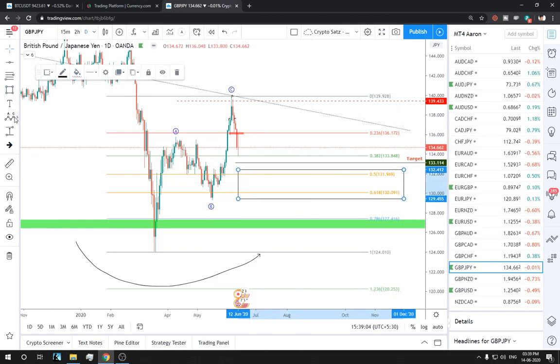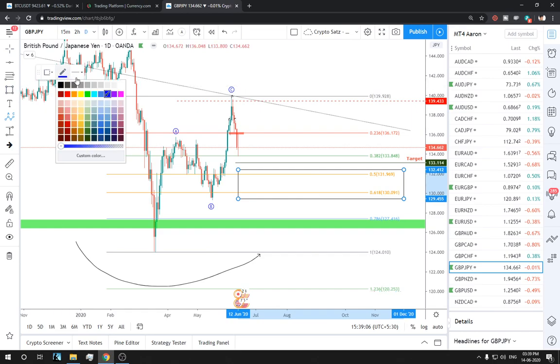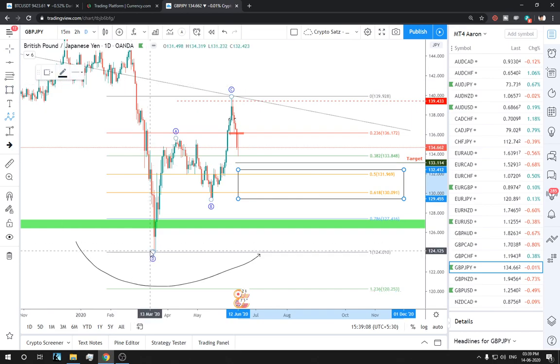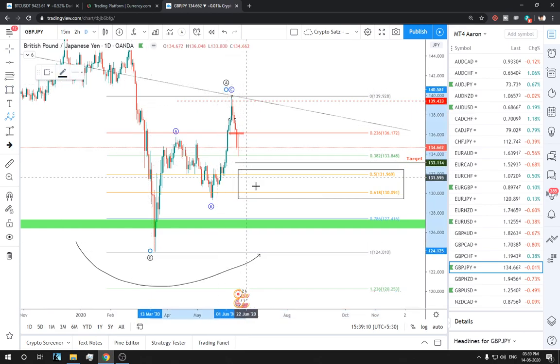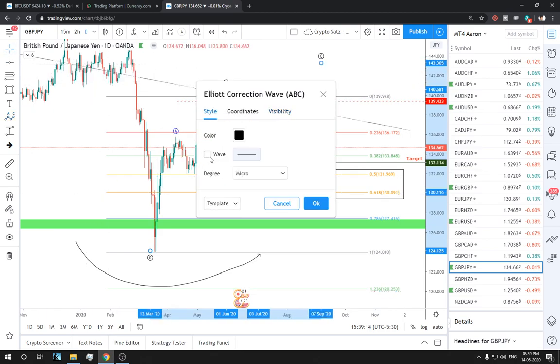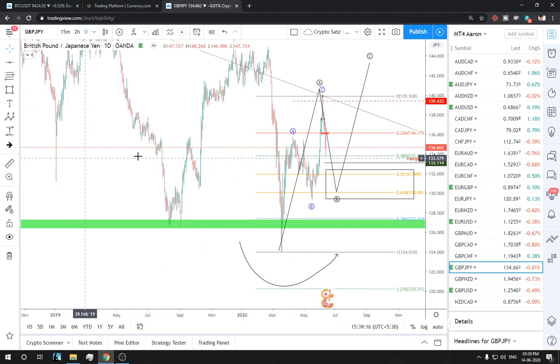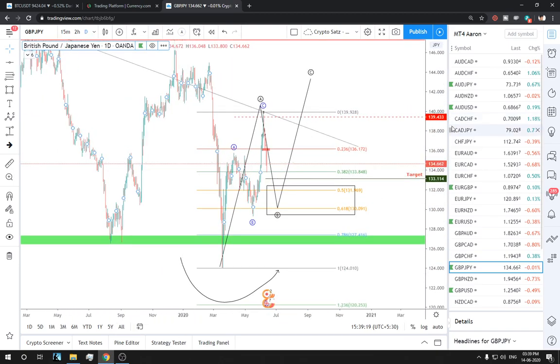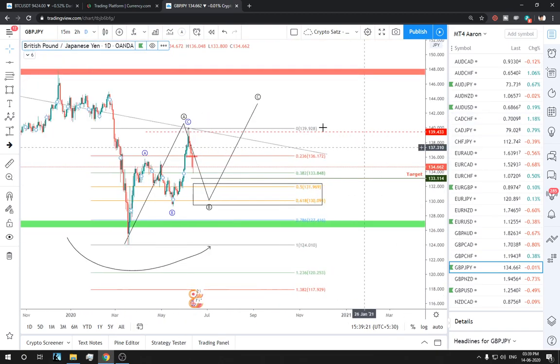So that would look like, let's change this color, A, B, so something like this on GBPJPY.